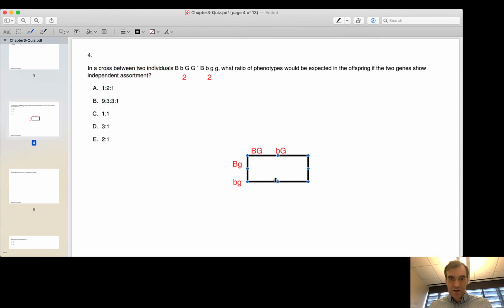I can create a Punnett square. And so now we can actually draw out what we can see.